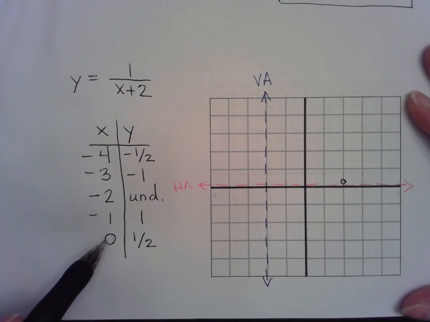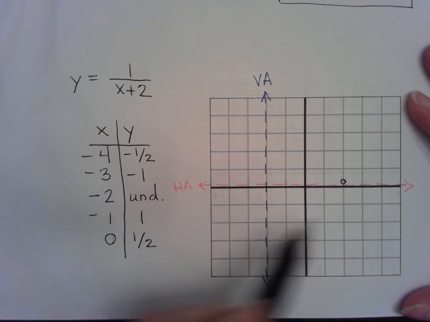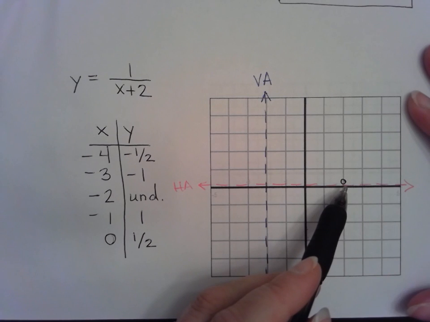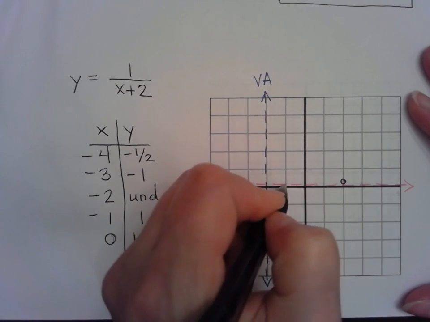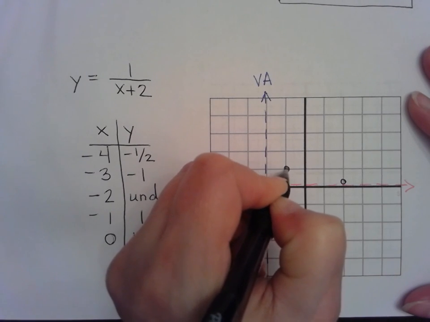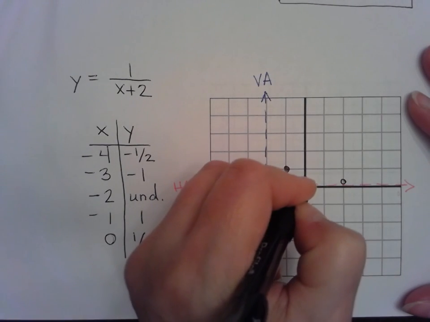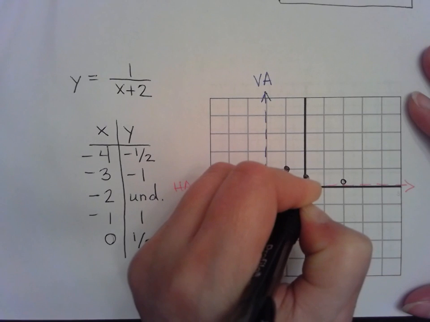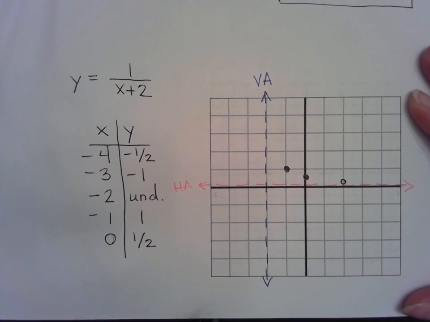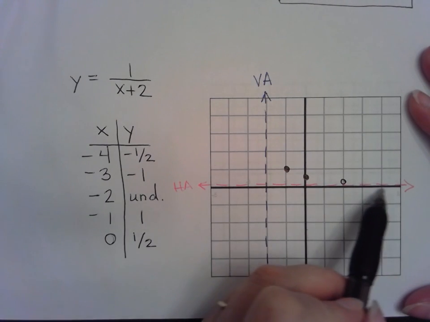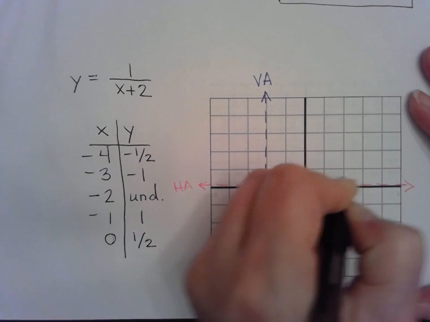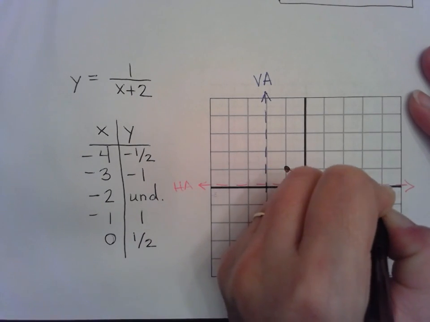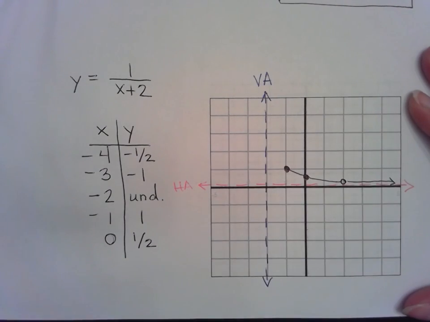Okay, so I'm going to start on the positive side just so that I can connect up with this hole that's hanging out over here. All right, so I have -1, 1, 0, 1/2. Now that's not a lot of points, but I know that it's going to approach the horizontal asymptote at the end of the graph, just because of what a horizontal asymptote is.